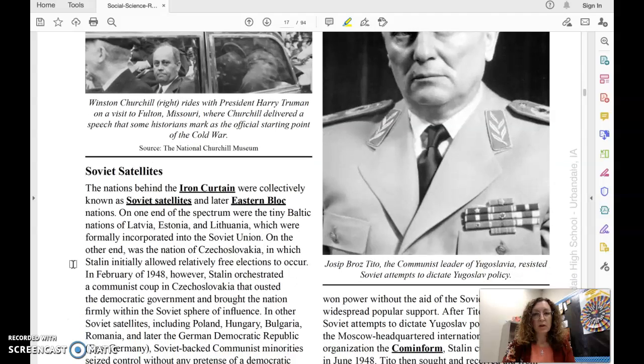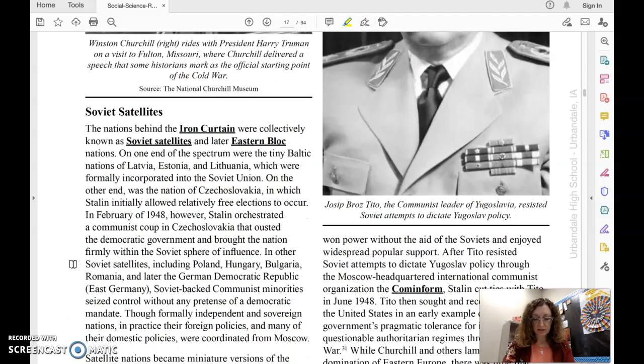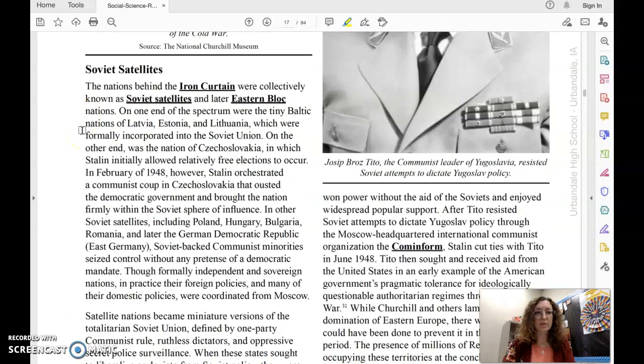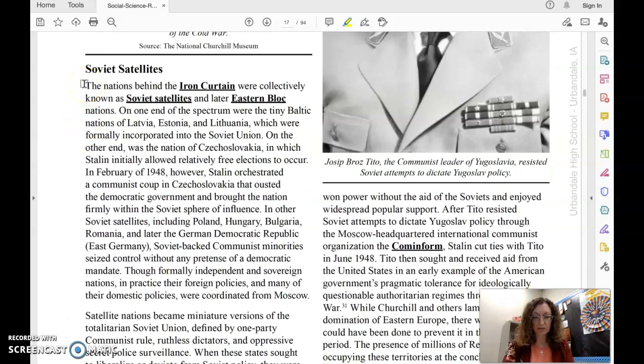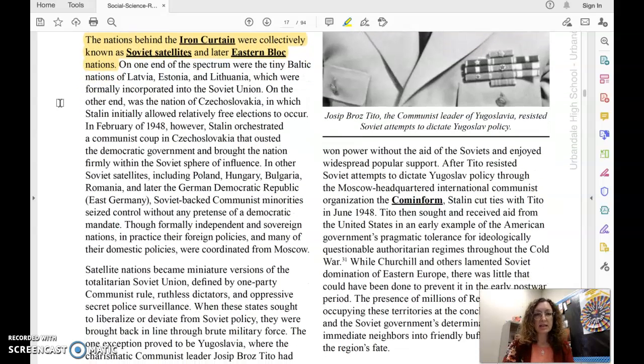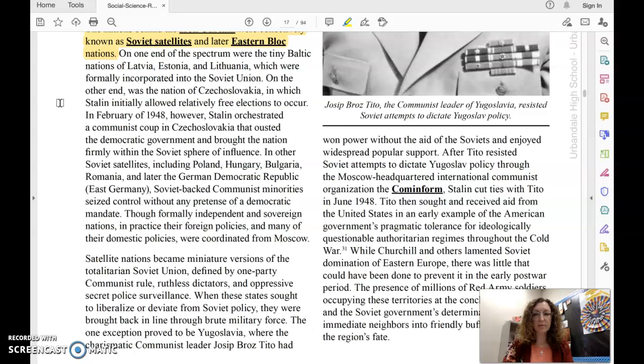So once we have this Iron Curtain established, the question sort of comes naturally, what makes up the nations on both sides? So on the eastern side of the Iron Curtain, we have what are called the Soviet satellites, or the Eastern Bloc. These are countries that previously had freedom.